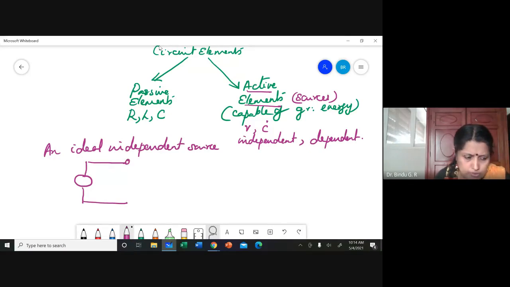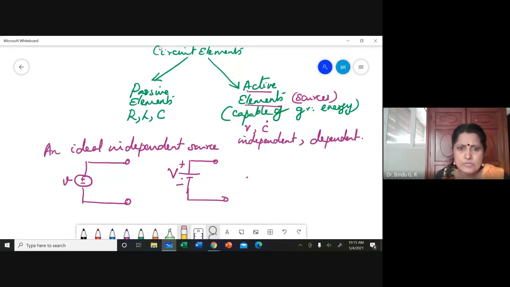It's a voltage source that I'm talking about. You put plus, minus, and put a V. And this is another kind of representation. Plus, minus, capital V. Now, both of these are independent sources.